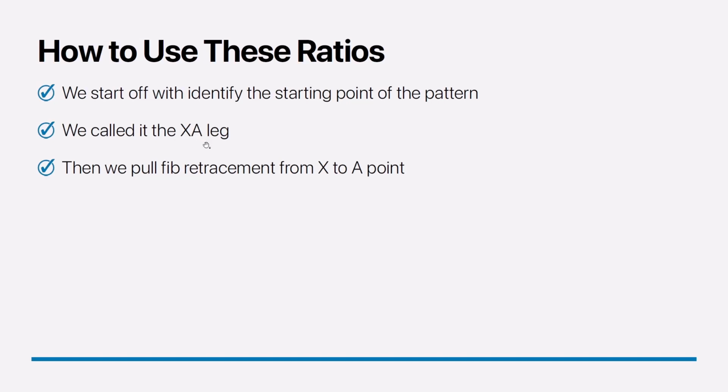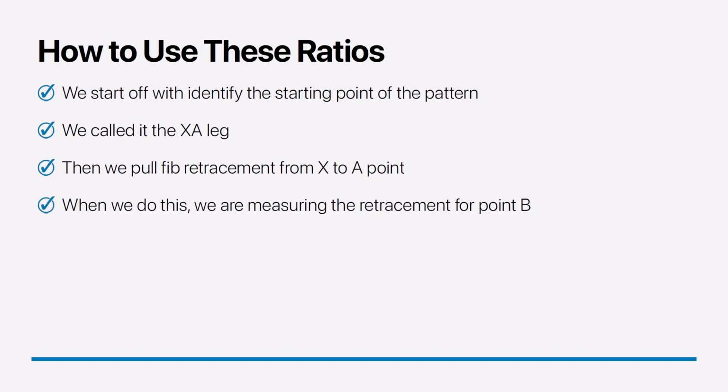Basically X point, A point, you connect the dot, that's what we call the XA leg. So we pull the fibs to connect from X point to A point, and we basically measure the fibs. And you don't need to manually calculate because the Fibonacci ratios tool will automatically calculate all the retracement levels for you: 382, 50, 618, 786, 886, etc. When we do this, we are essentially measuring the retracement for point B. If you pull from X to A, you're measuring point B.